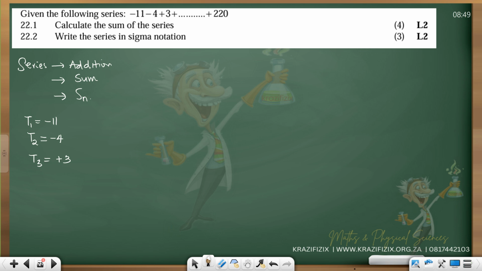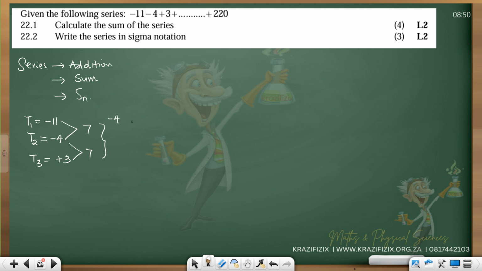So let's check. T2 minus T1 is negative 4 minus negative 11, that is basically 11 minus 4. I see a 7. What about this one? 3 minus negative 4. I see a 7. So can you see that it's a difference?